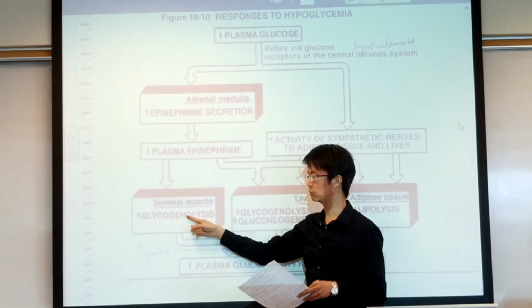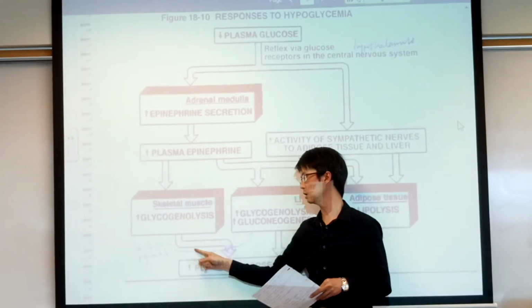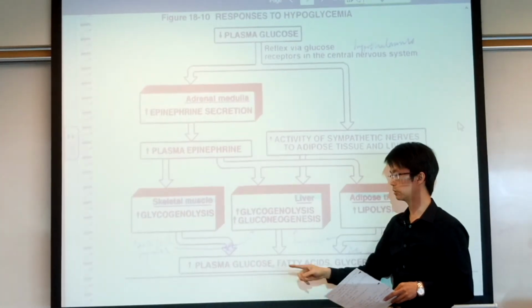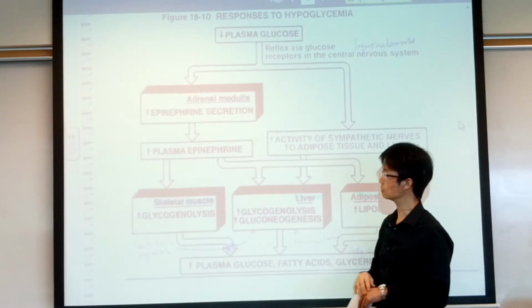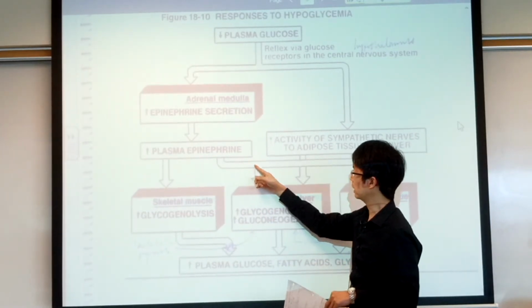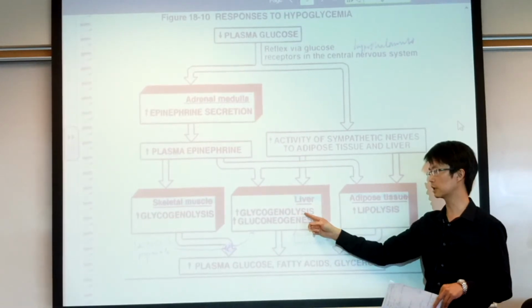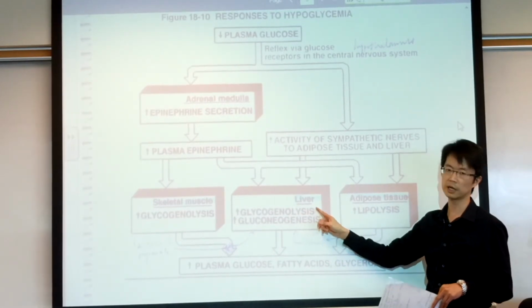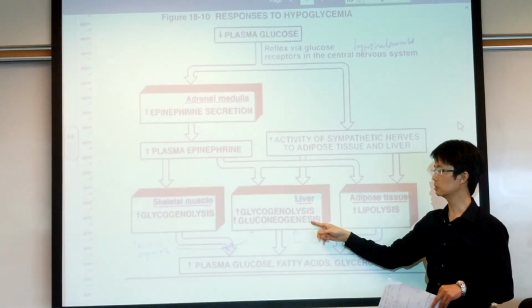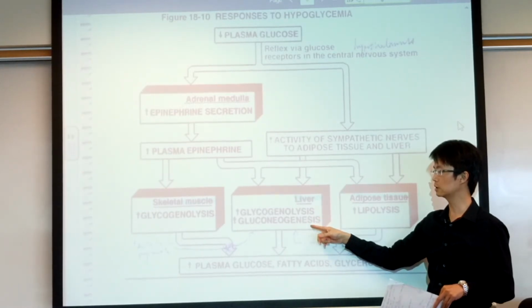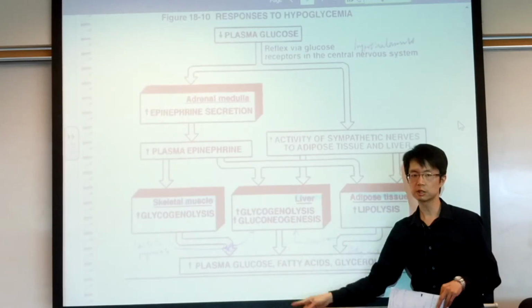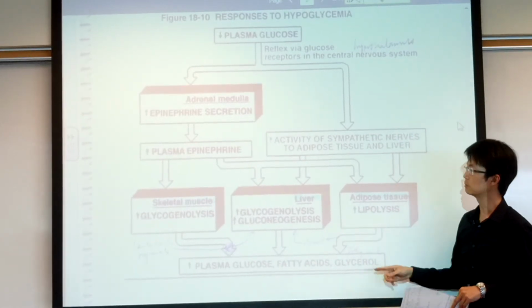When glycogen in the skeletal muscle is broken down, then you will increase the blood glucose level. And epinephrine can also tell the liver to increase glycogenolysis, again breaking down the hepatic glycogen, and also increase gluconeogenesis. Same reason, to increase the blood glucose level.